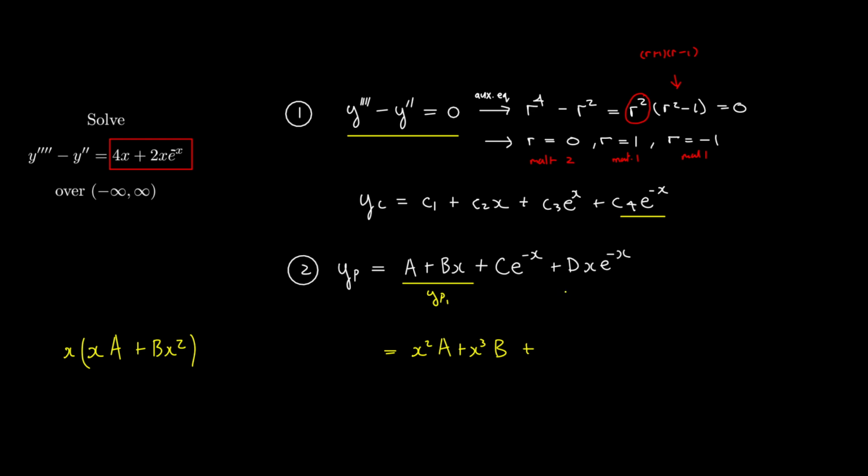And just doing one round of multiplication with x will allow us to solve the problem. So we're going to get here cx e to the negative x plus dx squared e to the negative x. Great.